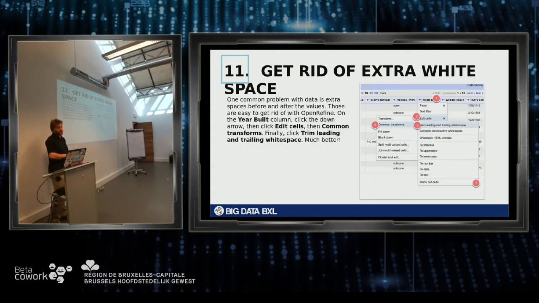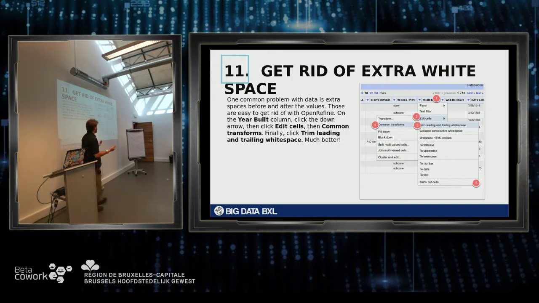Another common operation, which I mentioned before, is getting rid of white space. So that's if you have, for example, a column which has numbers, let's say it has a year, 2018 or something, and sometimes this column contains 2018, but then there's a space afterward, and then maybe 2 or 3 spaces.